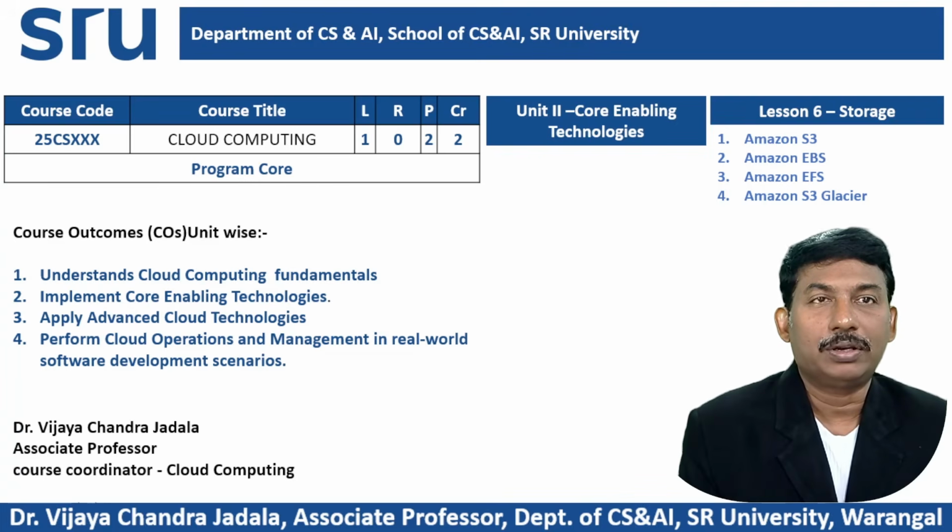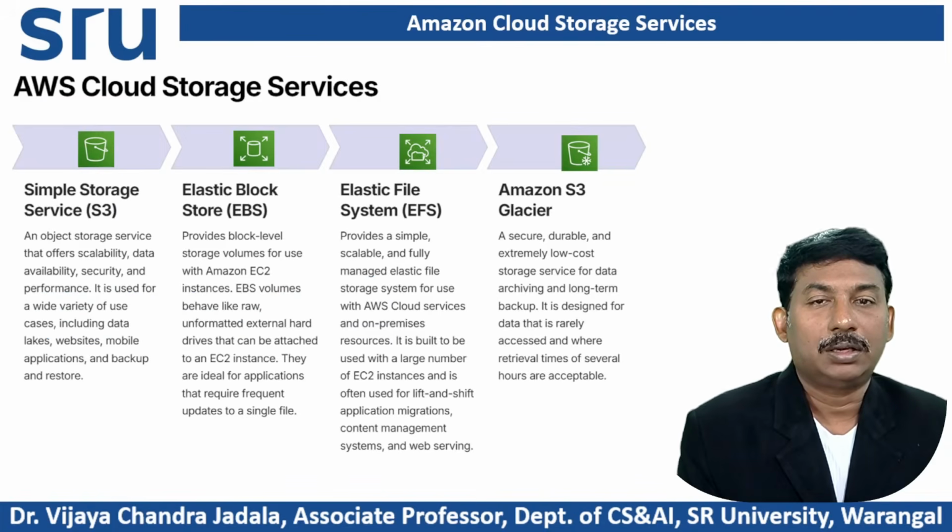These are the four concepts related to storage. Next, the AWS cloud storage concepts are Simple Storage Service S3, Elastic Block Storage EBS, Elastic File Storage EFS, and Amazon S3 Glacier.